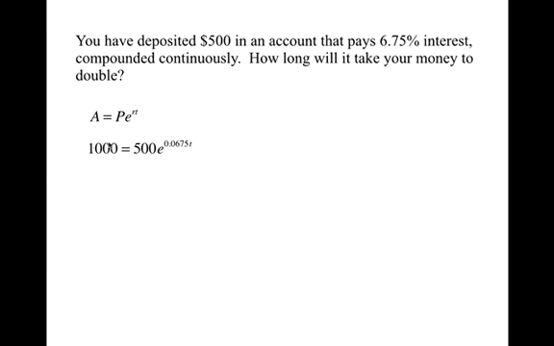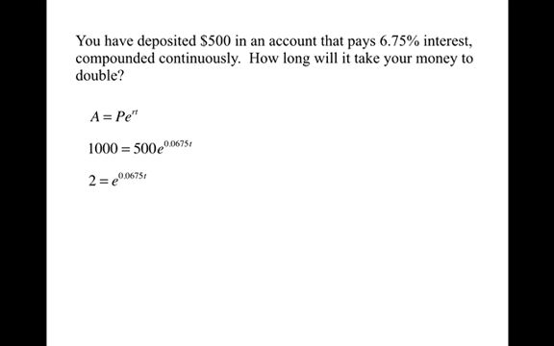Okay, well, A is the amount of money that we have after the compounding. So we started off with 500, so we want to know how long it takes us to get to 1,000, right? Double. All right, we substitute, we have to change our percent interest into a decimal. And now what we have to do is solve for t. We have to figure out how much time it takes.